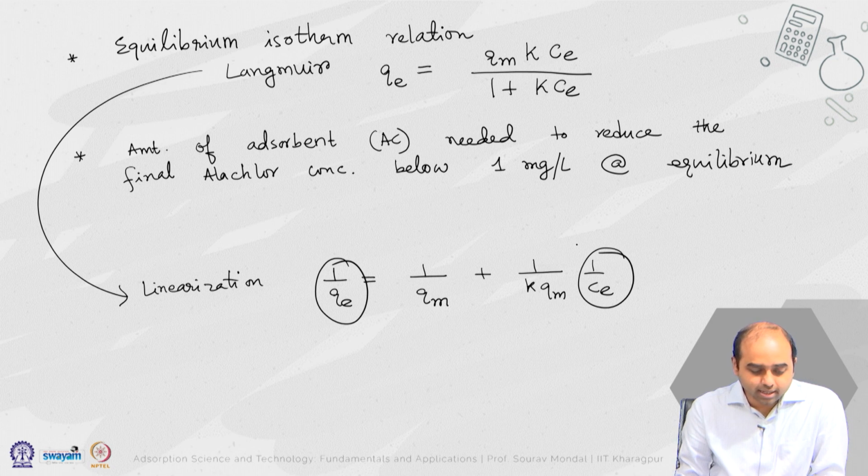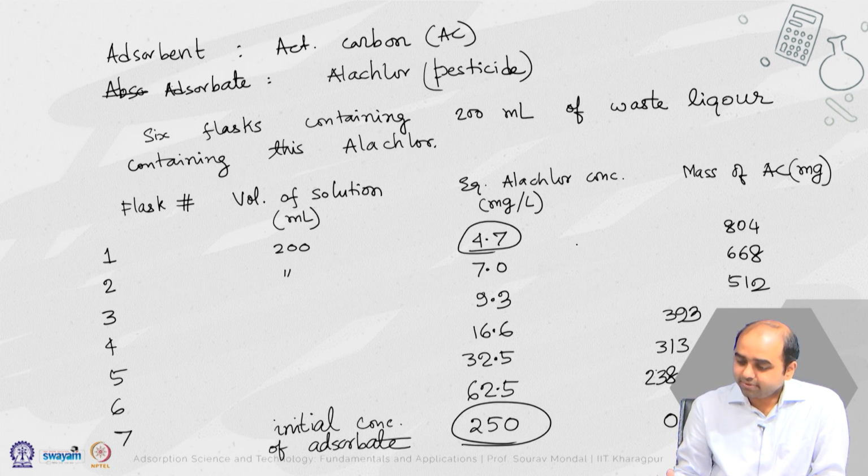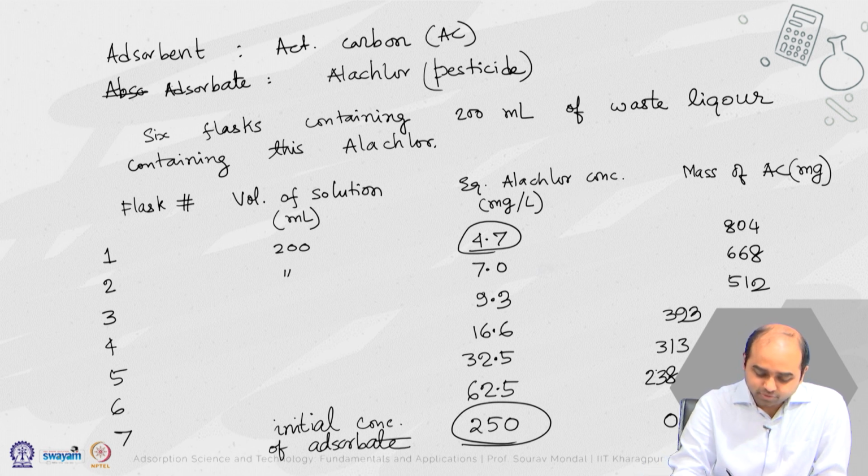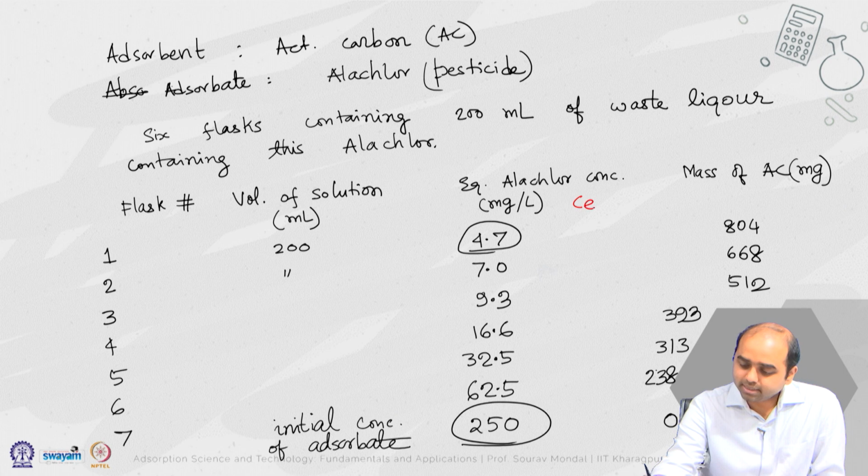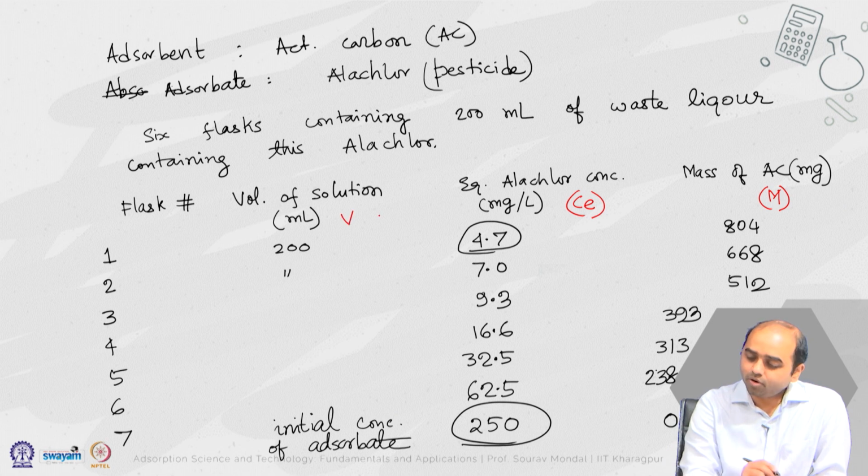So, now the task is to work out the Ce values. These are the M values, the mass of the adsorbent, and this is the volume of the solution in each case.